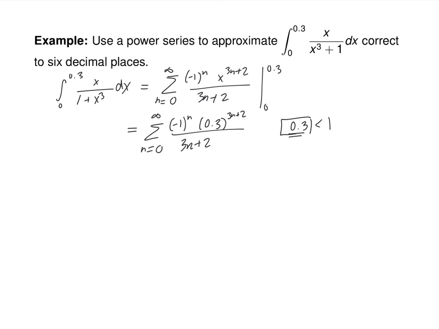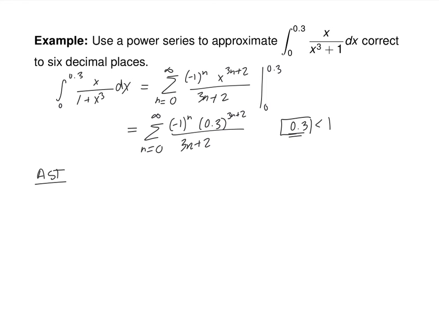That number has been plugged in for x, and this series has domain x must be between negative 1 and positive 1. Okay, so that is our exact answer. We want to approximate this correct to 6 decimal places. So notice we have negative 1 to the n, so we're using the alternating series remainder theorem.